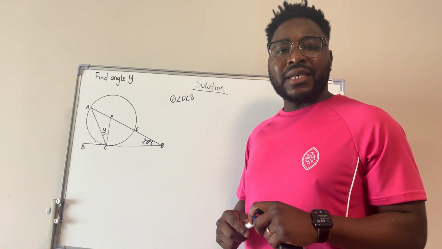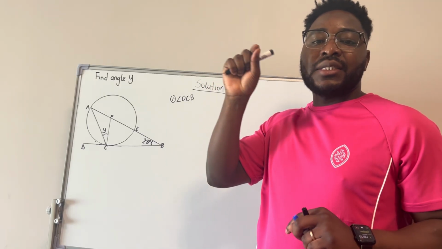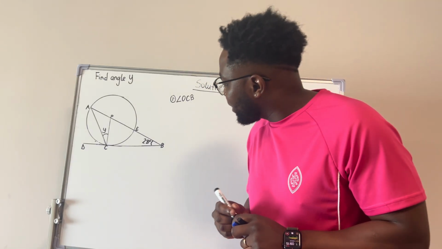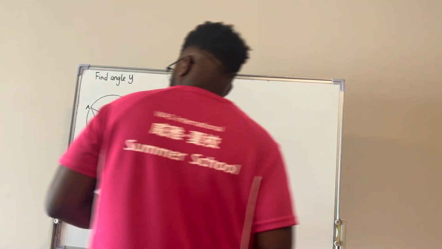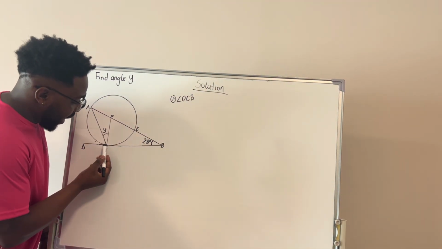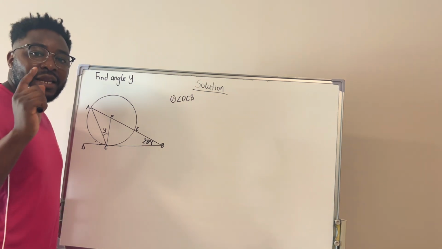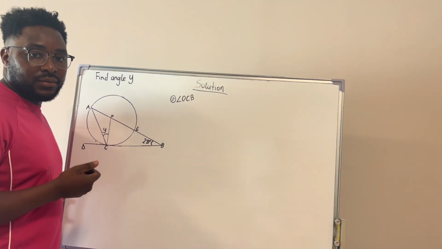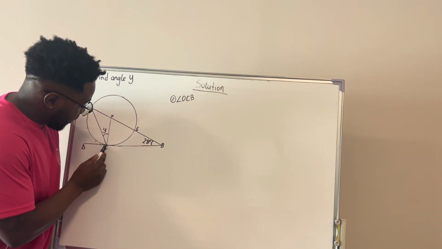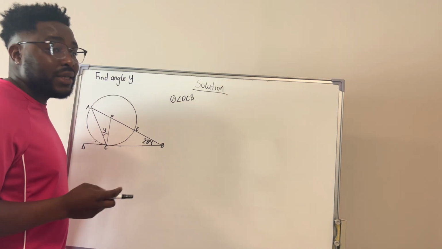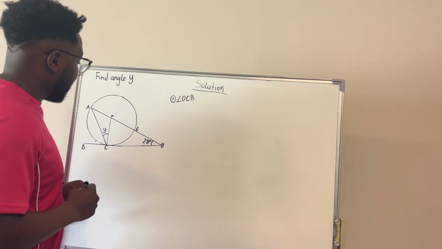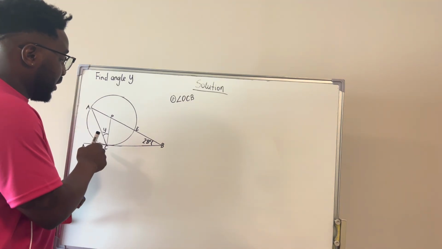We're going to use a circle theorem, the tangent and radius theorem. This circle theorem states that the angle that the radius makes when it touches the tangent is 90 degrees. So then what does that tell us about angle OCB?